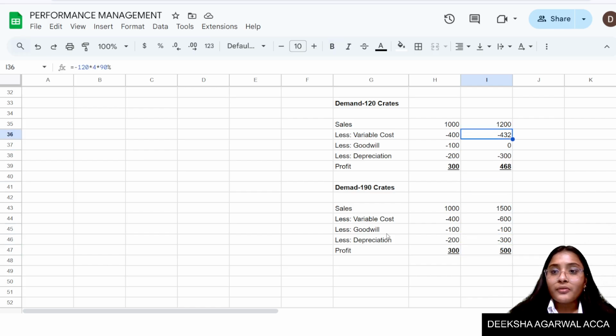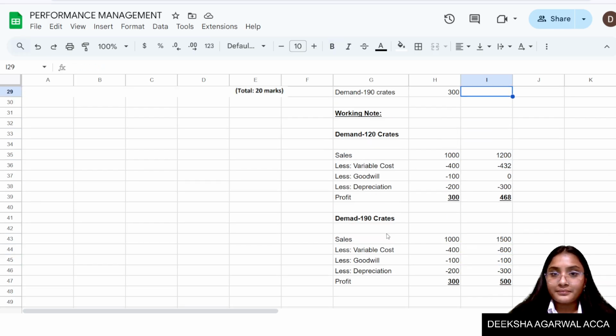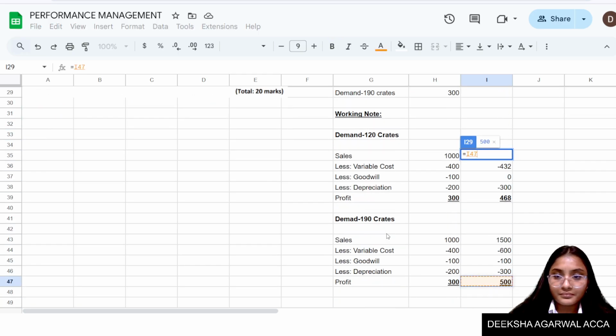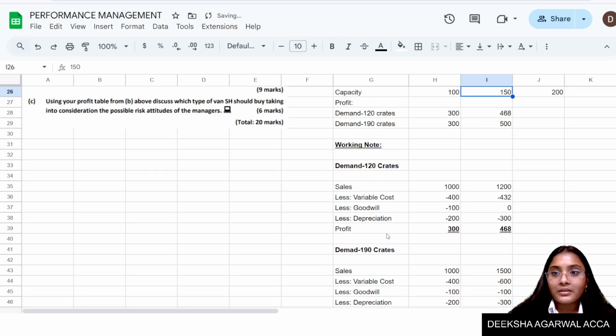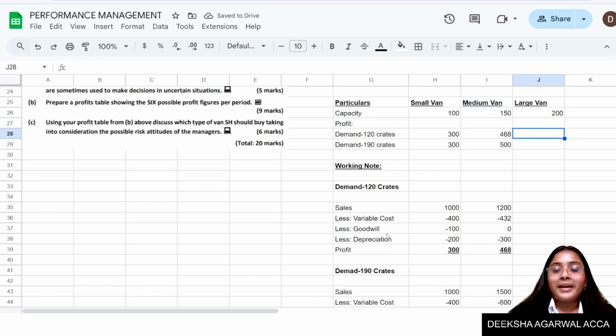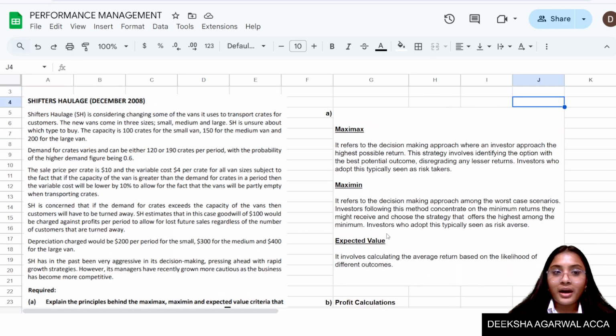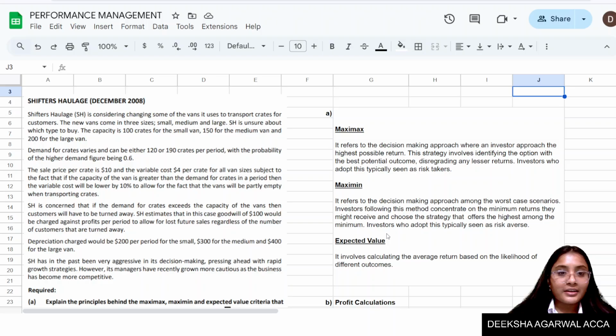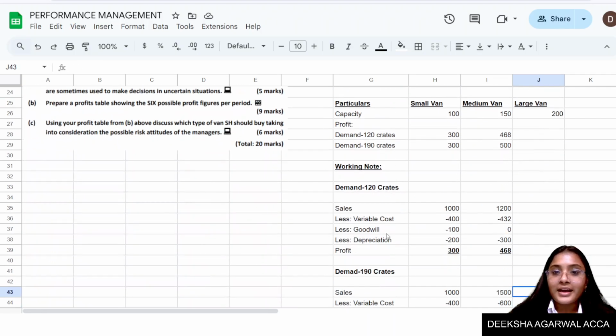Now, moving ahead. Okay. Coming to my large vans, what will happen in the situation of large? In the situation of the large van, the first thing you need to see is your demand is 120, and just look at the depreciation, it will be 400. Then we can calculate. See, what will be my 120 into 10?